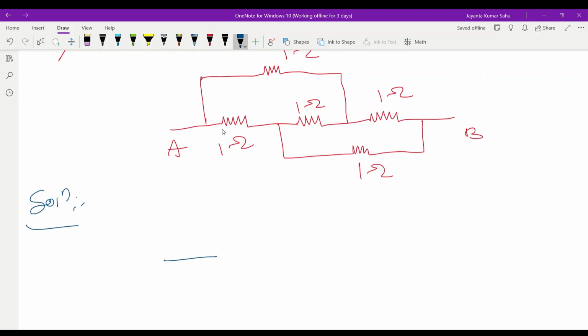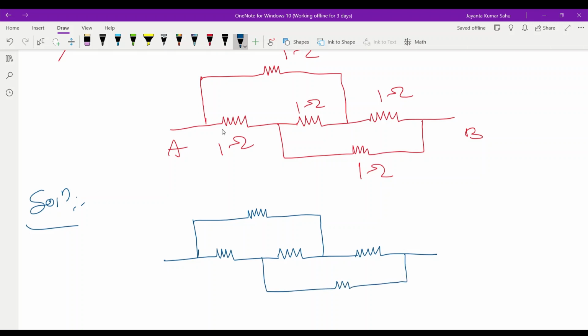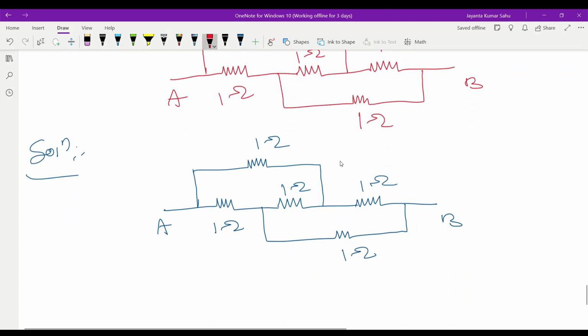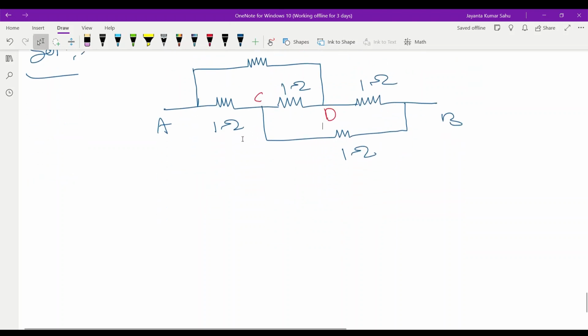Same circuit, again we will redraw. A and B, all resistances 1 ohm, all are 1 ohm. Then let this point be C and this point be D. We just rearrange the circuit.